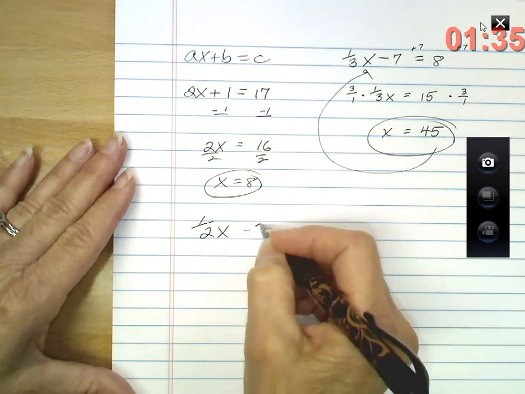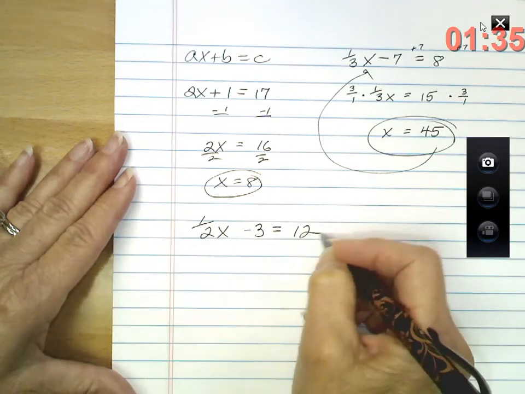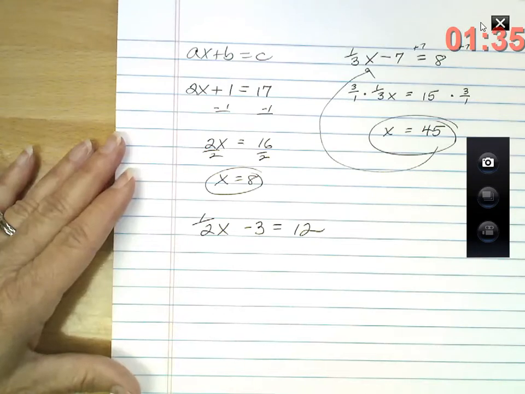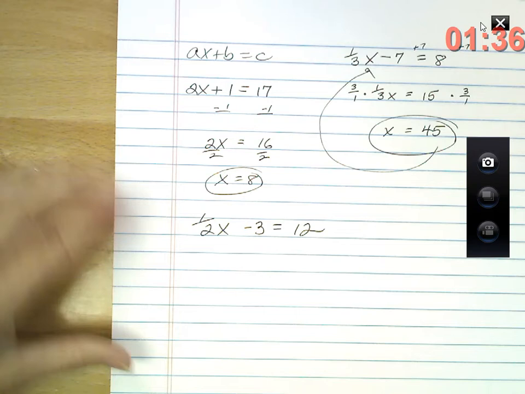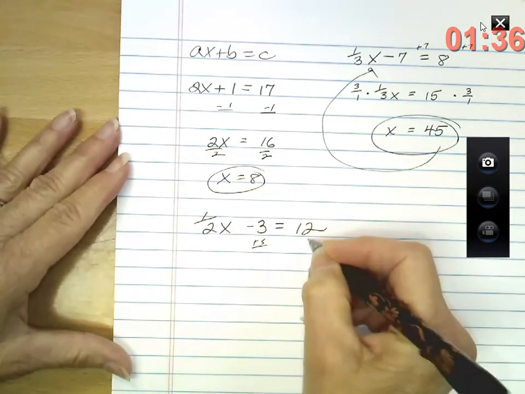Okay, I want you to do this one, just somewhere on your notes. 1/2 x minus 3 equals 12, and tell me what you get. X equals 30. Good. So you add a 3 to both sides first.